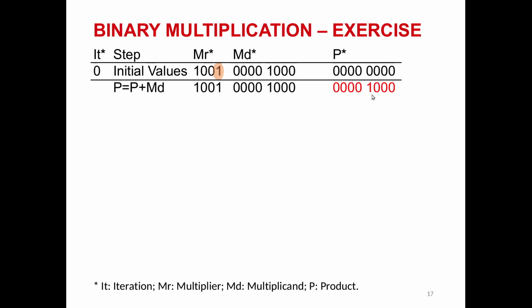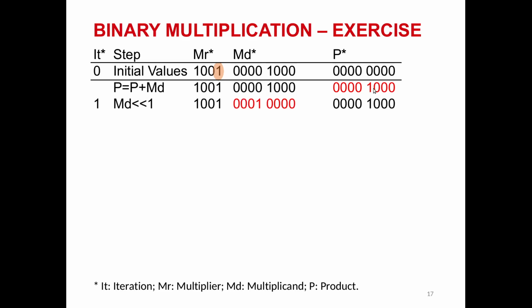So the new value of product will be 8 plus 0, or in other words it is 1 0 0 0 plus 0 0 0 0, and so we have the value of 8 in product. Here 1 plus 0 will be 1 here. So the new value of product will be written here.